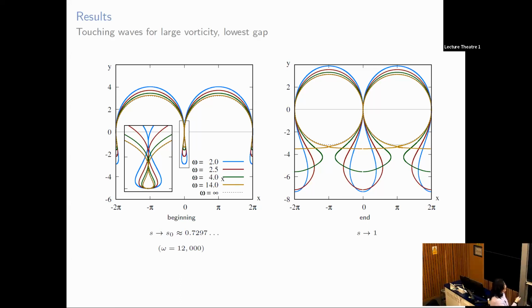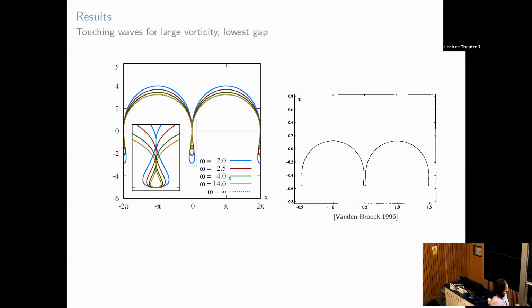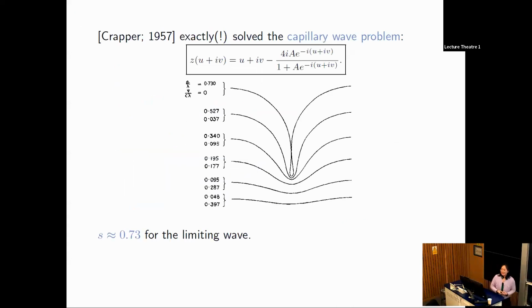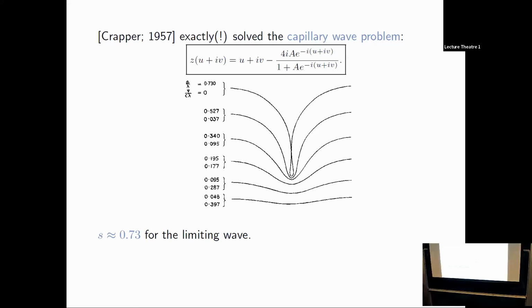What's happening on the left? Well, by the way, these waves resemble one of Jean-Marc's waves. Now, at this point this is not surprising anymore, but nevertheless, Crapper in his 1957 paper wrote down an exact formula that solves the capillary wave problem, and I'm presenting his formula.